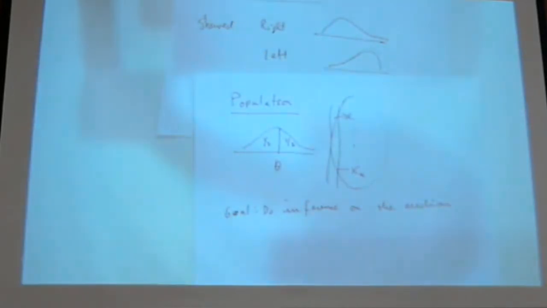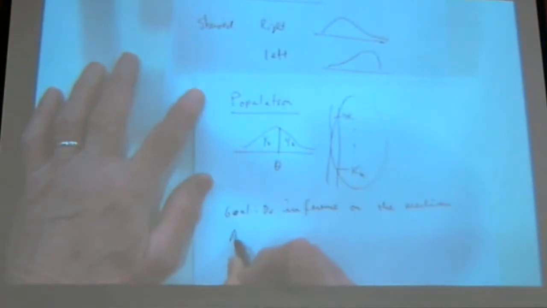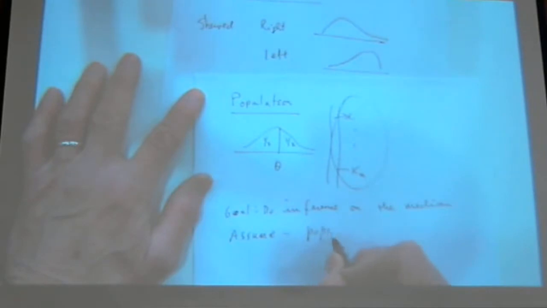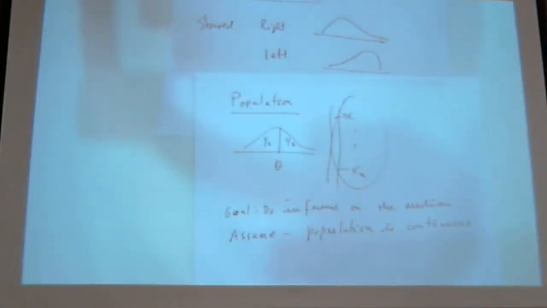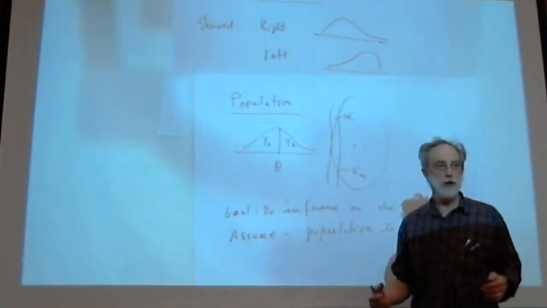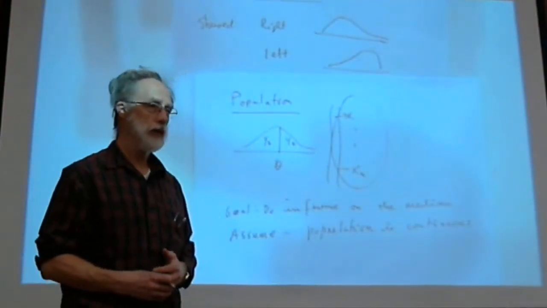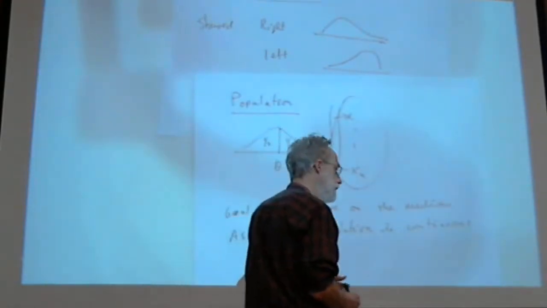Now, what do we have to assume in the population? Really nothing. There's no assumptions. We just assume the population is continuous. That's really all we need. So it could be skewed, uniform, normal, double exponential, Cauchy, could be anything.